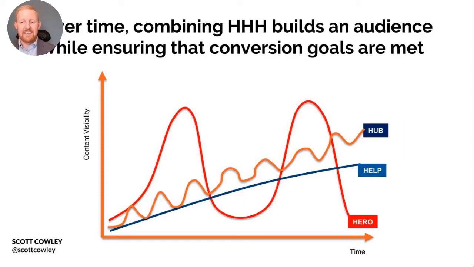So as soon as that doesn't have a budget, then the visibility for that messaging goes way down. But as you create hub content, as you create help content, your audience is going to grow significantly over time. And when you need to, you can actually use your hub content and help content and insert messaging that would be related back to your hero content and capitalize on that audience.